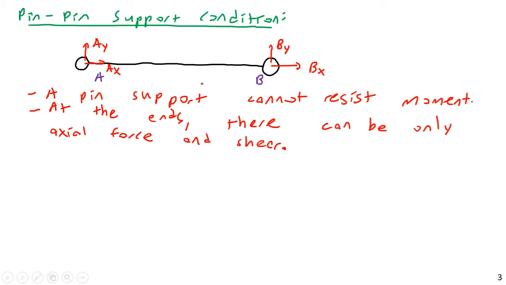So if I didn't know anything about trusses, if I didn't know anything about truss theory, I would say that just based on the pin support condition alone, there would be an AX, an AY, a BX, and a BY.